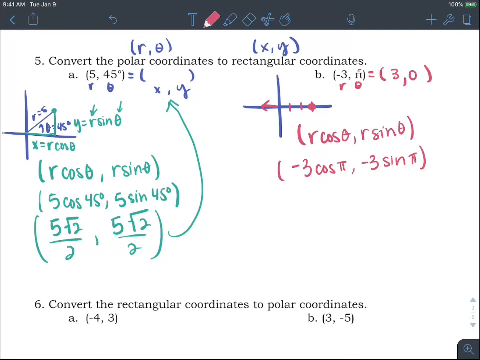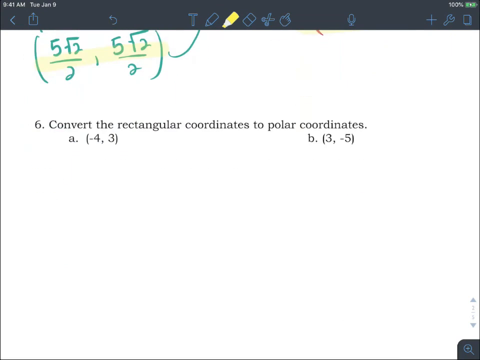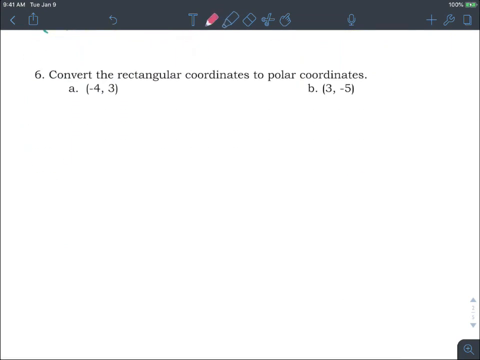The sine of pi is 0. So this is 0. The cosine of pi is -1. So -3 times -1 is 3.